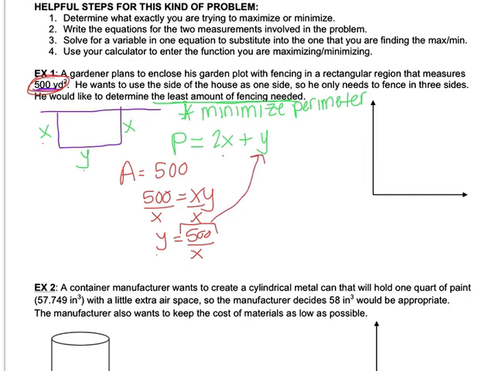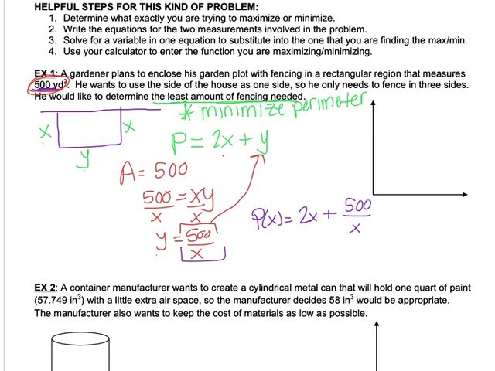So I can rewrite my perimeter function, P, and since I'm using the variable x, I'll call it P of x, equals 2x plus, now instead of y, I can write 500 divided by x.